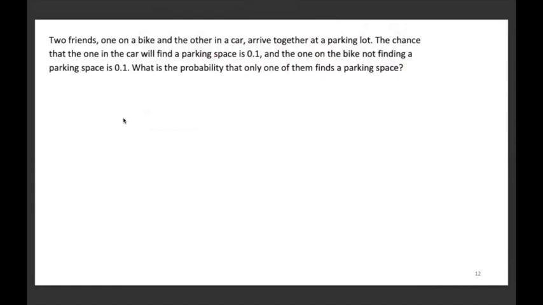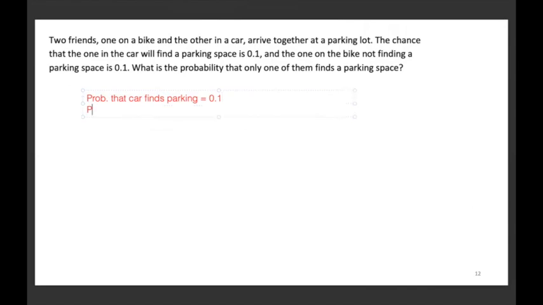There are 2 friends. One is on a bike and another one in a car. They arrive in a parking lot. The chance that one car finds a parking space, or let me say the probability that the car finds parking, is equal to 0.1.